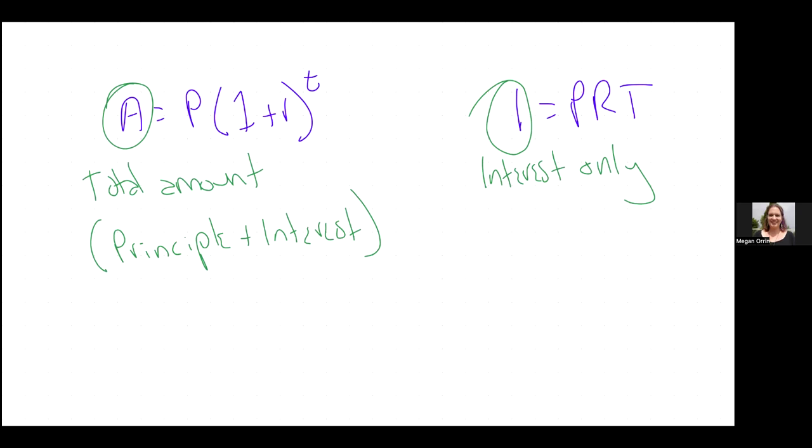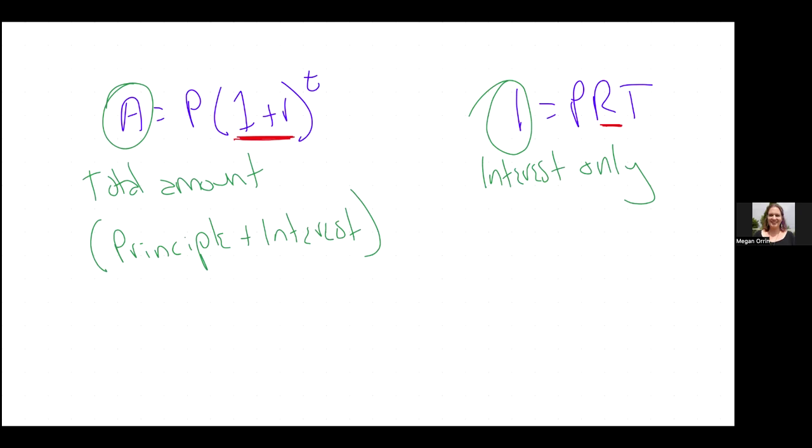No, it's much simpler than that. Okay, let me just tell you. This one has 1 plus R, whereas this one only has R. This is because what this is doing is the original amount plus the rate. You times anything by 1 and you get itself, right?